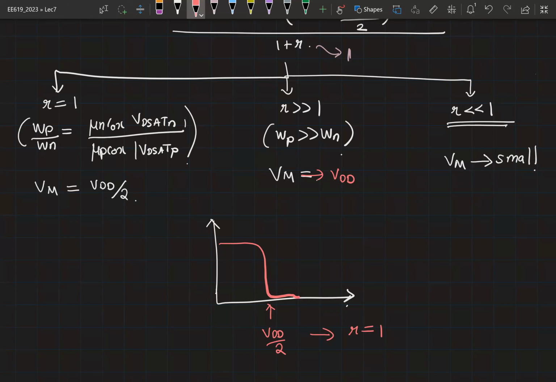If you make your R larger, the curve is going to shift to the right side. If you make your R smaller, the curve is going to shift to the left side. Is this okay? So in this direction, WP by WN is increasing. And in this direction, WP by WN is decreasing.